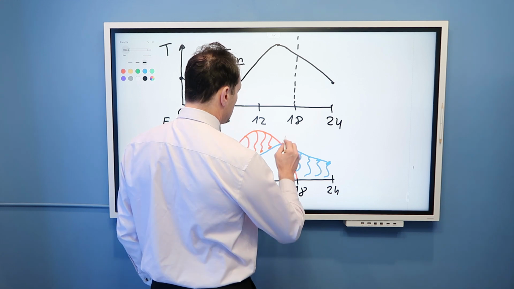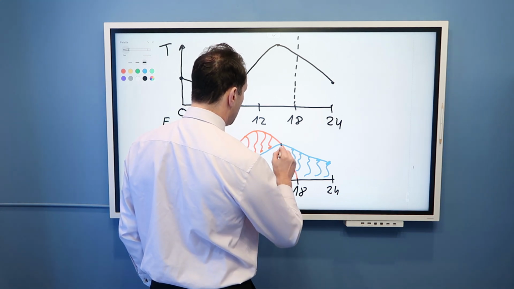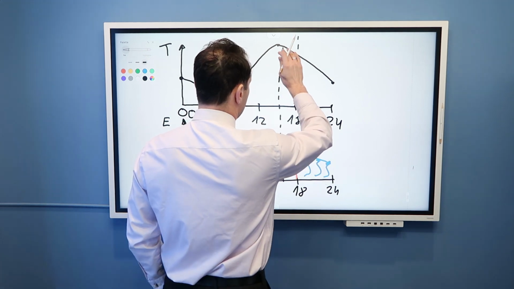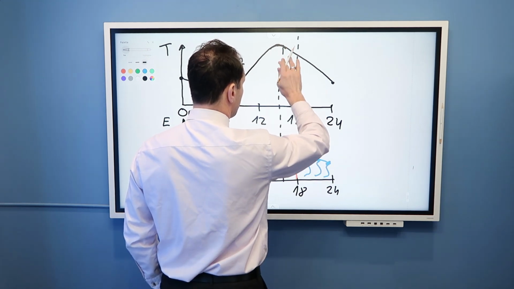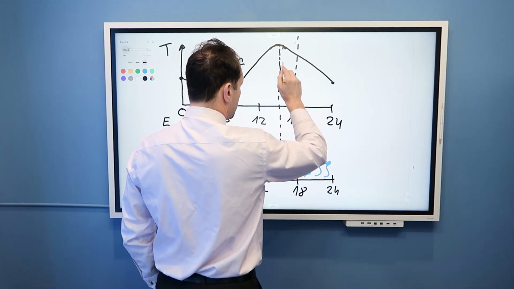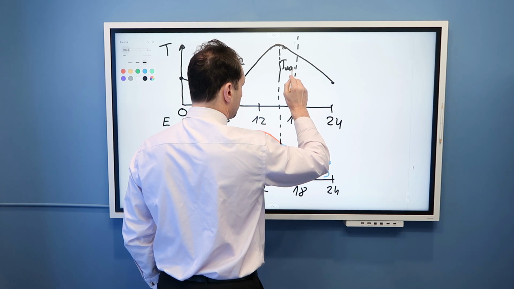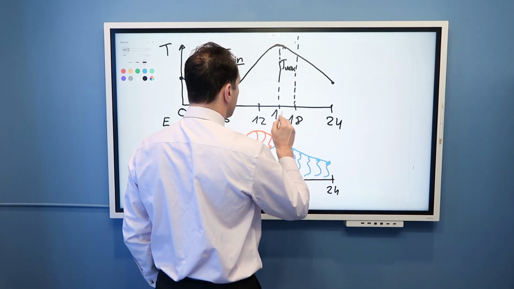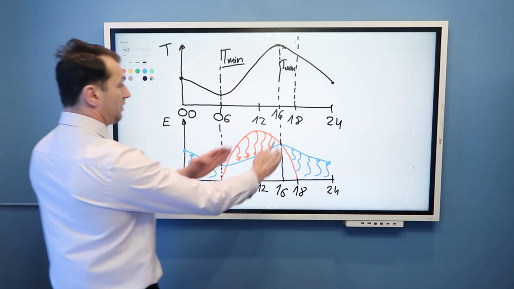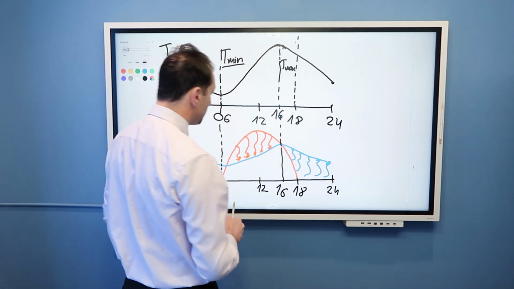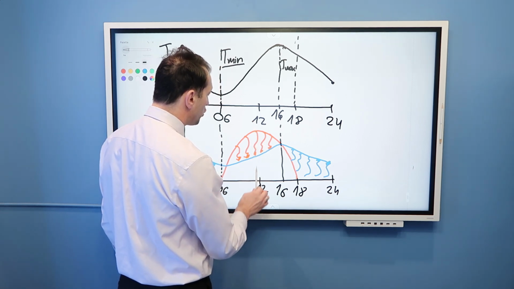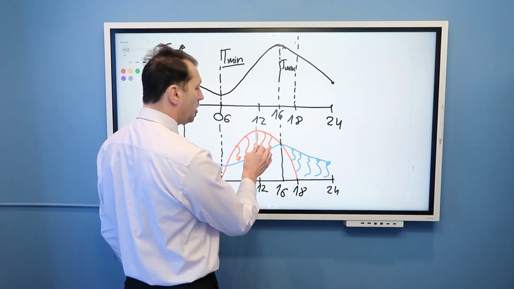Now the next question is, why is maximum temperature around, maybe I didn't depict this, here should be peak. Why is maximum temperature, T max, at around 1600? Well, and not at sunset. The reason is, you see, maximum intensity of the absorption of solar radiation is at solar noon.